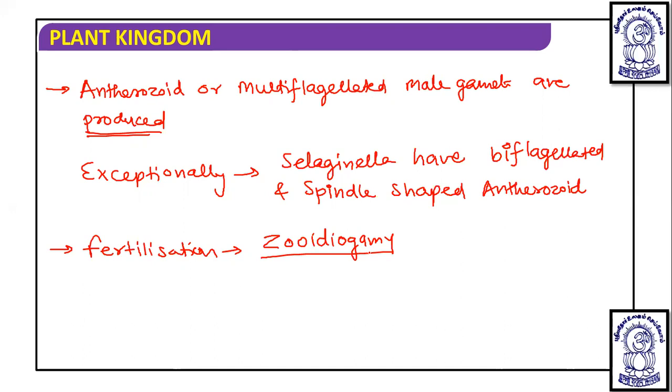Now, after understanding the whole life cycle, we come to know that the life cycle is diplohaplontic. In this, both gametophyte and sporophyte are independent, so they have an independent alternation of generation.